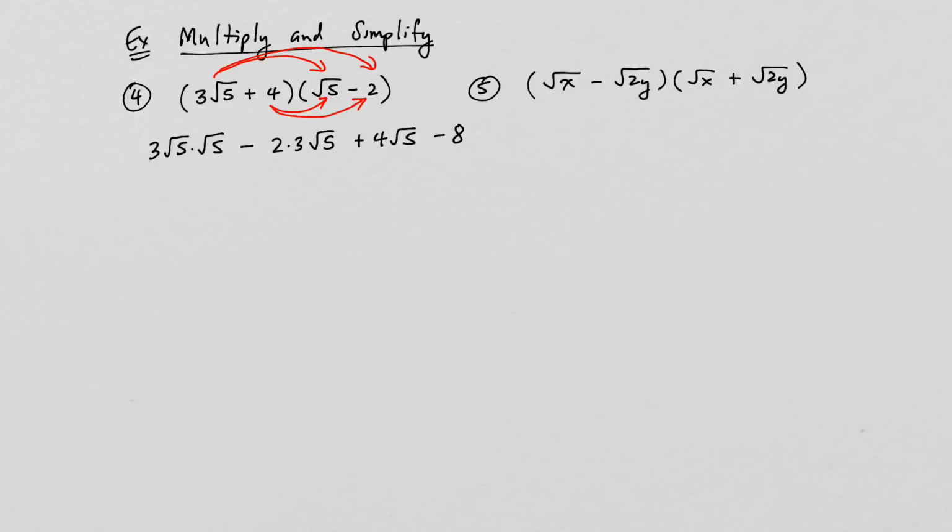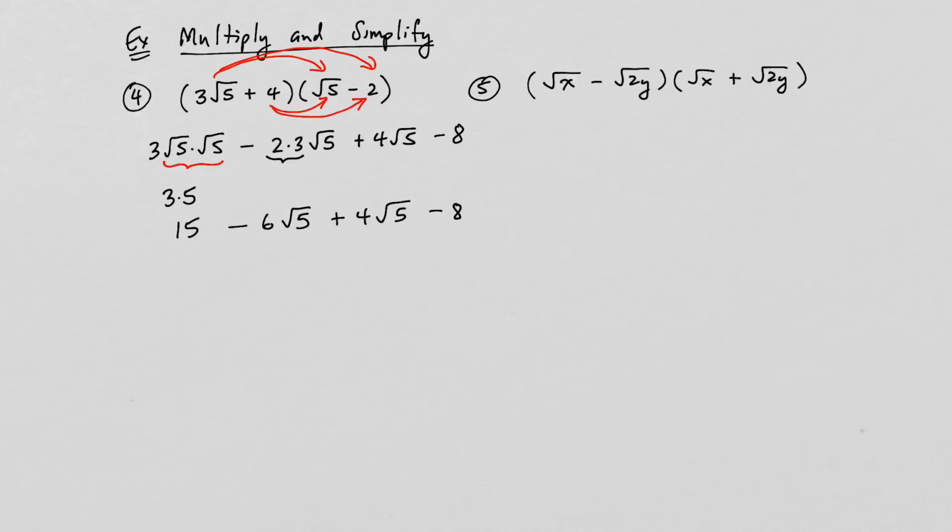So now we just need to simplify carefully. So we just talked about this. Square root of 5 times square root of 5 is 5. So this is 3 times 5, which of course is 15, minus, here we have 2 times 3, which is 6, radical 5, and then plus 4 radical 5, and minus 8.